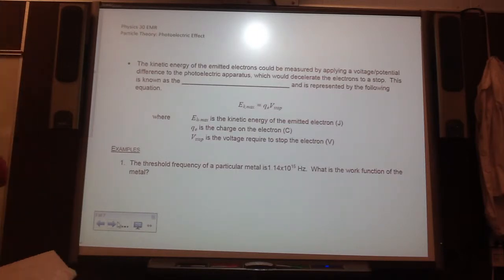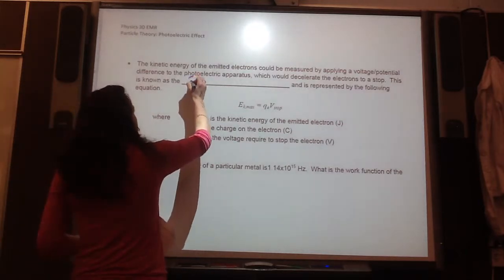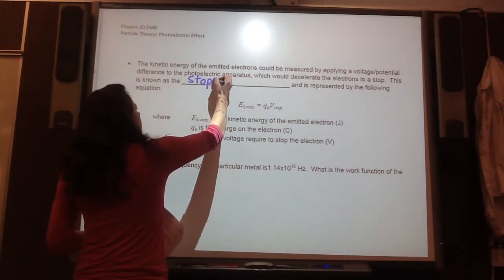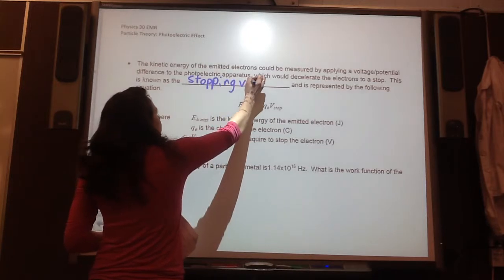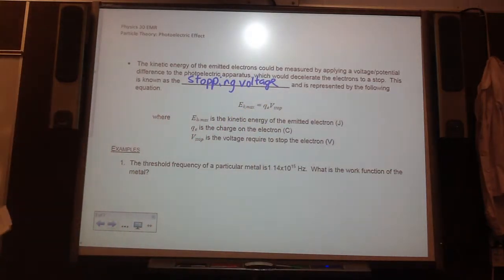So the kinetic energy of the emitted electrons could be measured by applying a voltage potential difference to the photoelectric apparatus, which would decelerate the electrons to a stop. This is known as the stopping voltage and is represented by this equation.